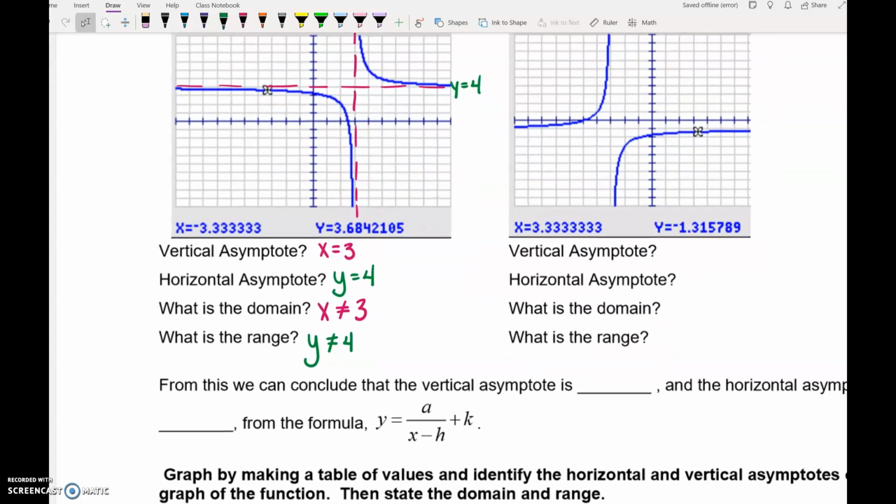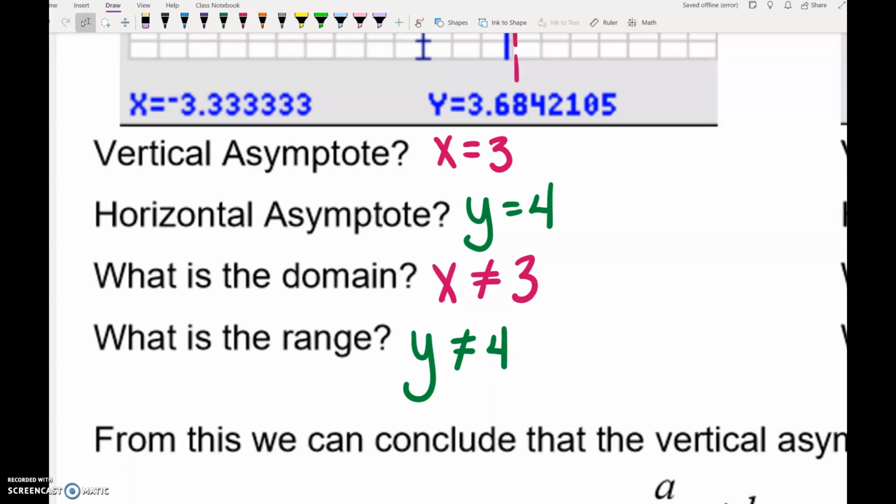You use the equal sign with a slash through it to say there's an asymptote at 3, so our x values can't be that. There's a horizontal asymptote at y equals 4, so our y values can't be that. So definitely notice that the vertical asymptote is linked to the domain, and the horizontal asymptote is linked to the range.